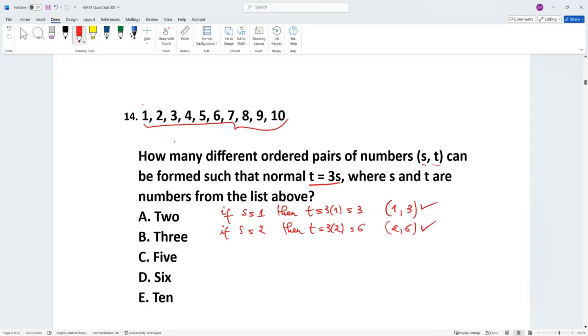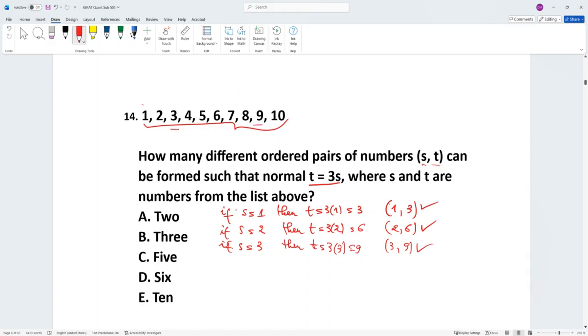This is also okay because 2 is in the list and 6 is in the list. If S is equal to 3, then T is equal to 3 times 3, which is 9. So we have 3, 9. Both are in the list.